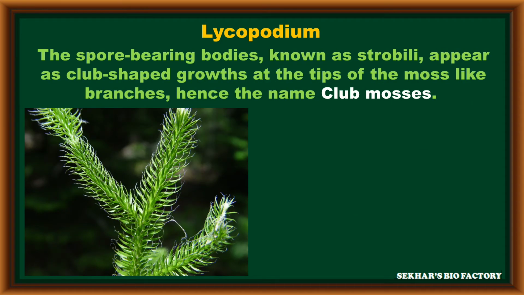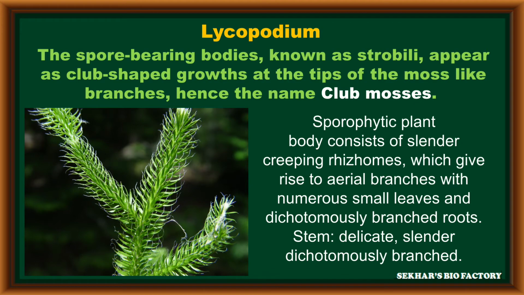The third example, Lycopodium. The spore-bearing bodies are known as strobili. These strobili appear as club-shaped growths at the tip of the moss-like branches, so Lycopodium is called club moss.